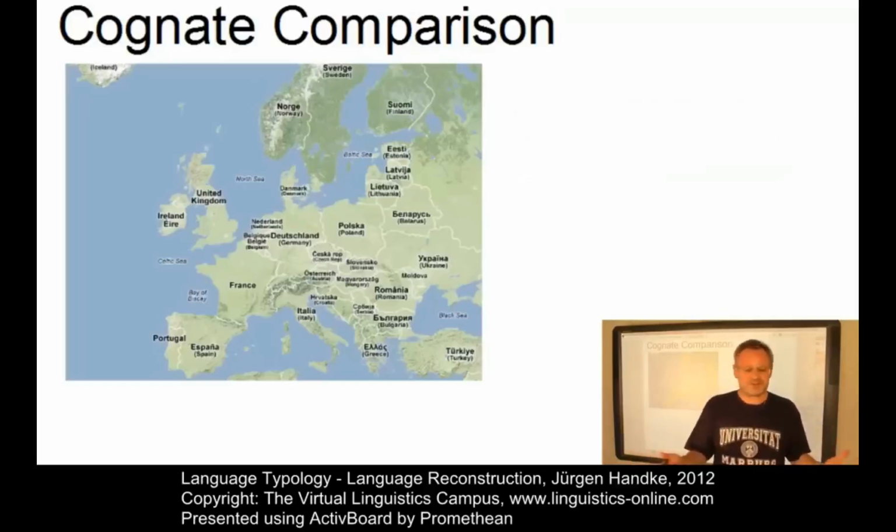Numbers are very good in this respect. So let's once more illustrate this principle, this time supported by audio evidence from the language index on the Virtual Linguistics campus, and I will now load the cognate comparison component of the language index.